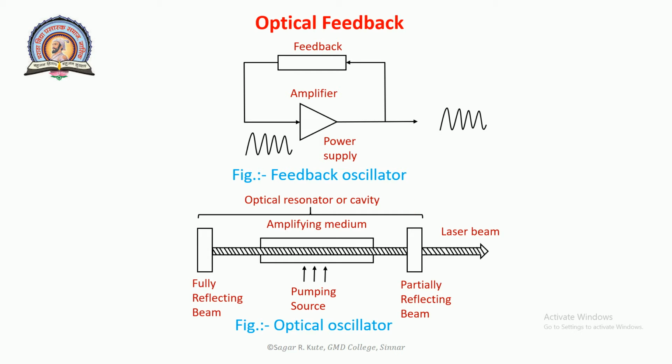In the absence of an input, there is no output, so the feedback signal is also zero. However, this is an unstable situation. The presence of even a small amount of noise at the input initiates the oscillation process.